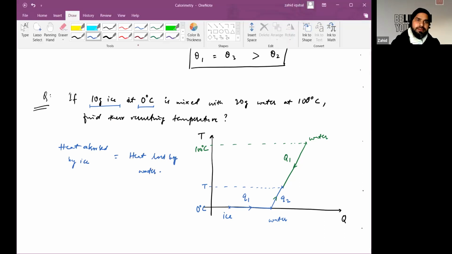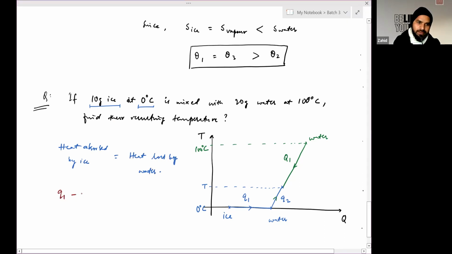Now for ice, we have q1 plus q2, and for water, we have capital Q1. This small q1 is the heat required to change its state, so we can write it as mass of ice times latent heat of fusion. q2 is the heat required to change its temperature from 0 degree water to some T degrees Celsius of water, so this will be termed specific heat, so it will be T minus 0.